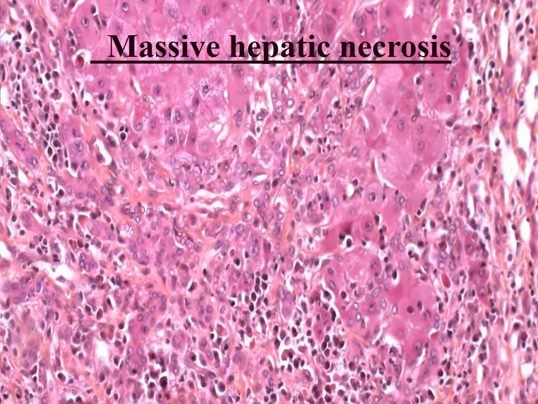Therefore, this is a massive hepatic necrosis. Now we are confronted by three things: either asymptomatic, which is not important, the classic type, the cholestatic type, and the fulminant type.